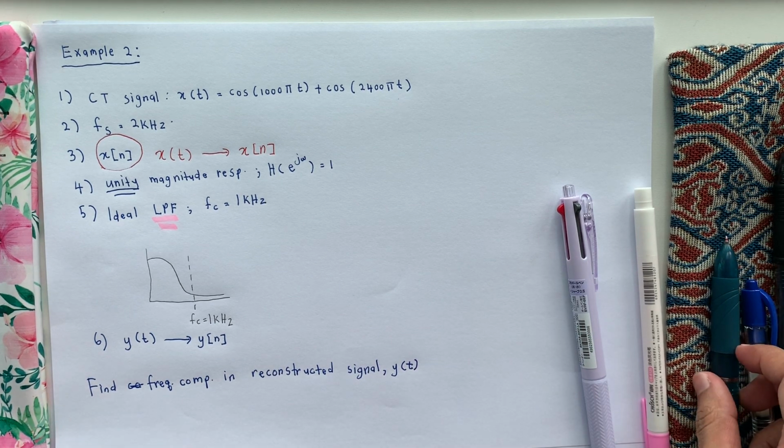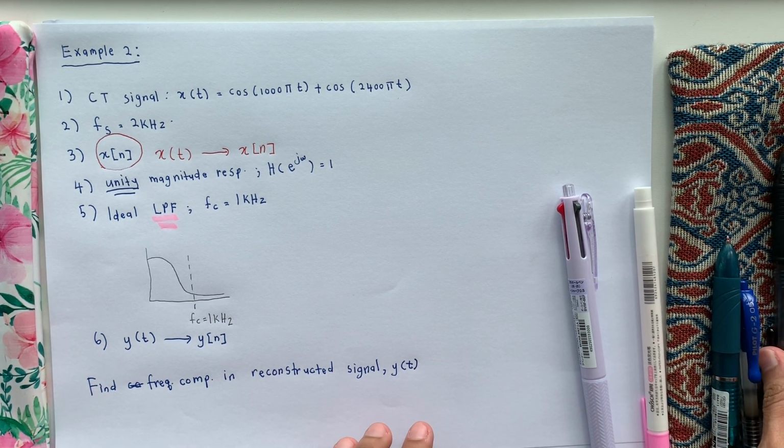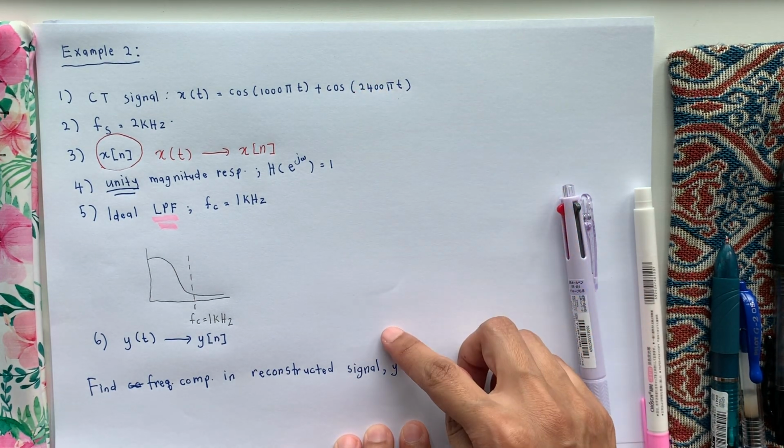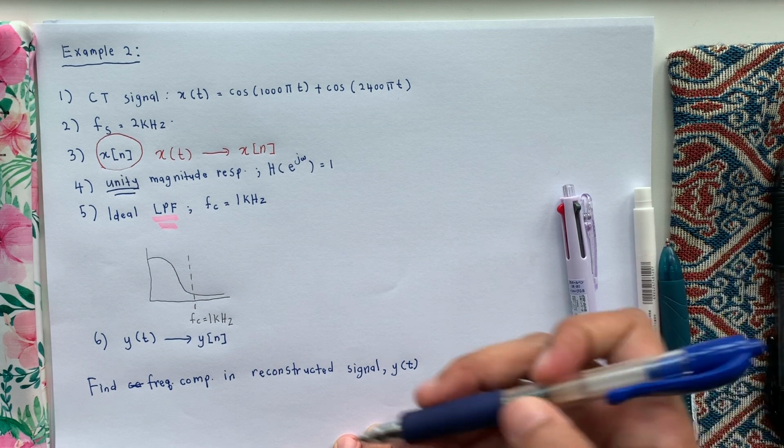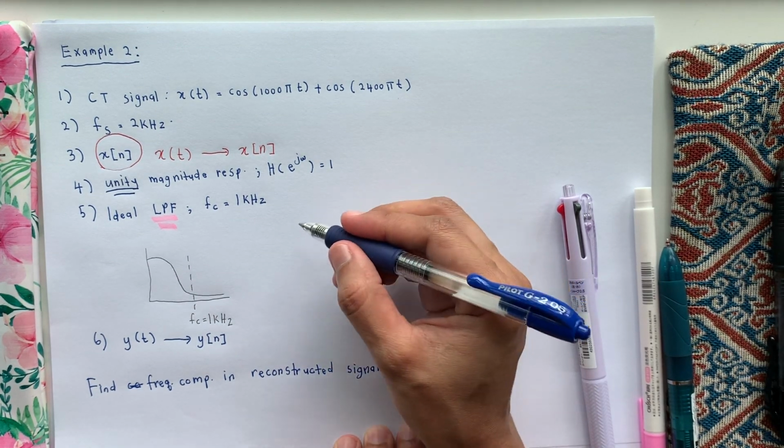So when you get the question, first thing first, you have all these 6 pieces of information. First you need to sketch the block diagram based on the given information.